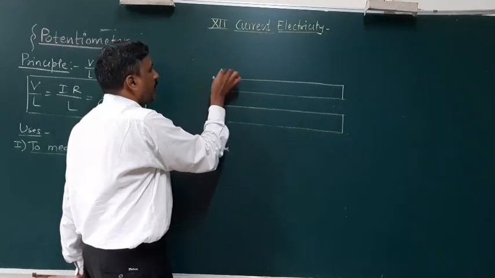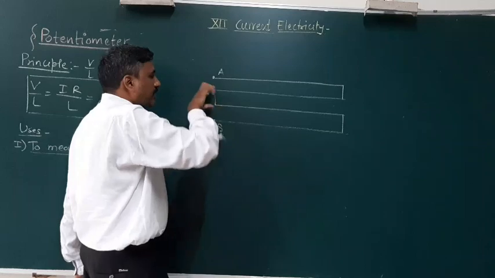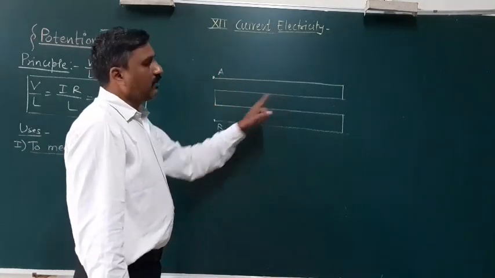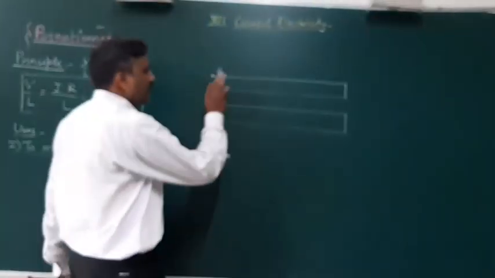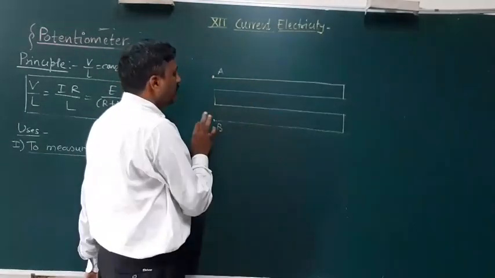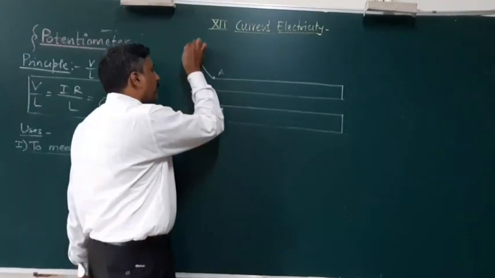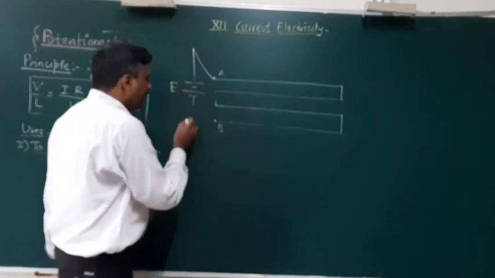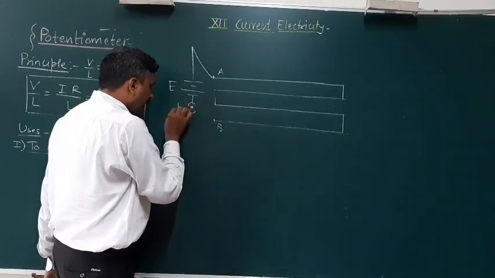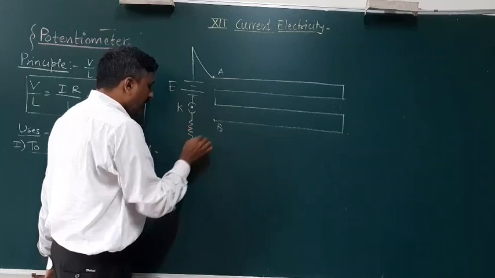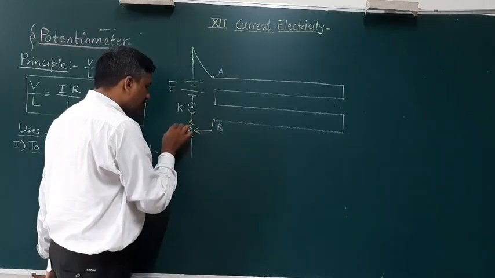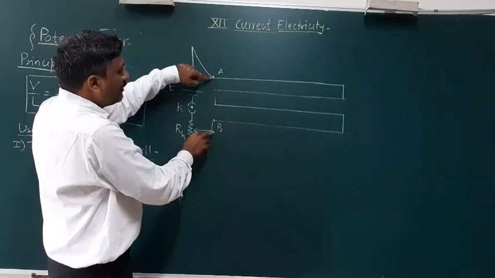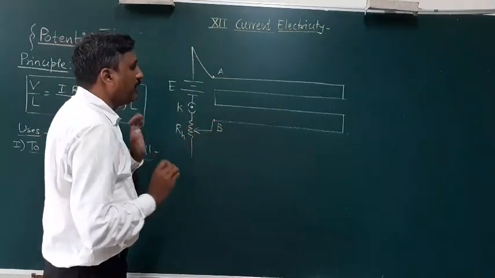This point is A and this point is B. This distance is very short and the length is much larger. This is the wire AB, fixed and stretched on the wooden platform. A battery of EMF E, then key K, and a variable resistance, the rheostat, are connected in series between the points A and B.